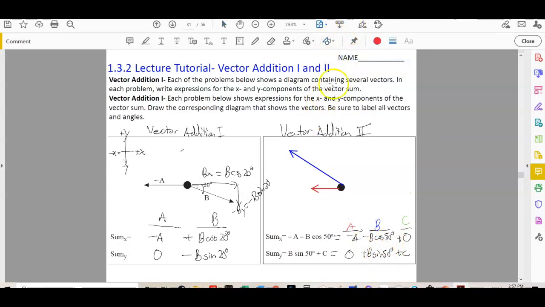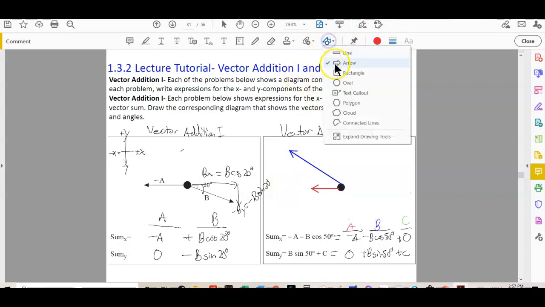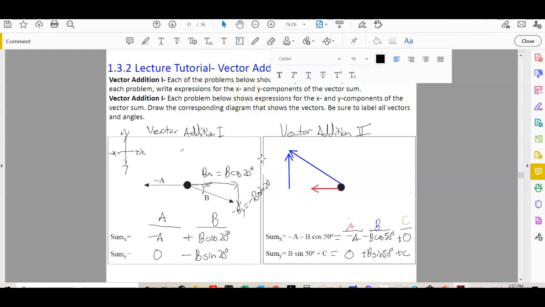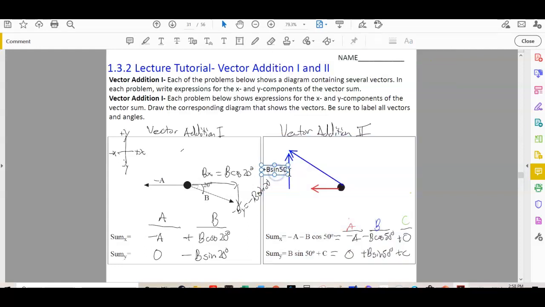Well, it's got a y component that is going to be positive b sine of 50 degrees, and that's the y component.